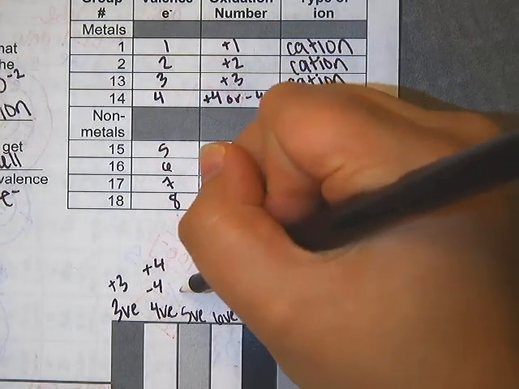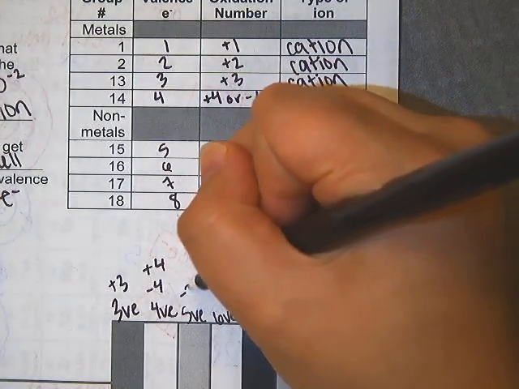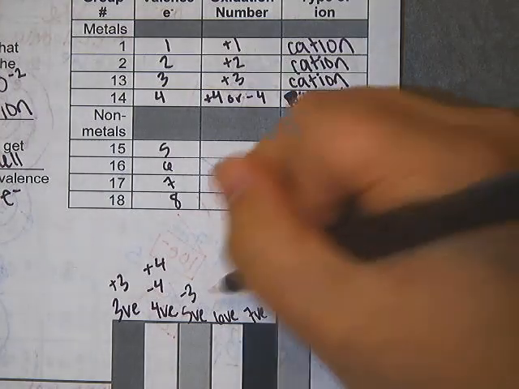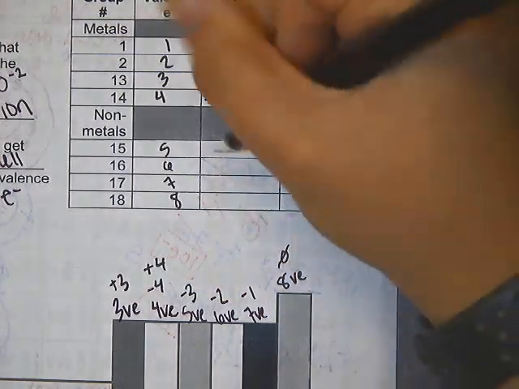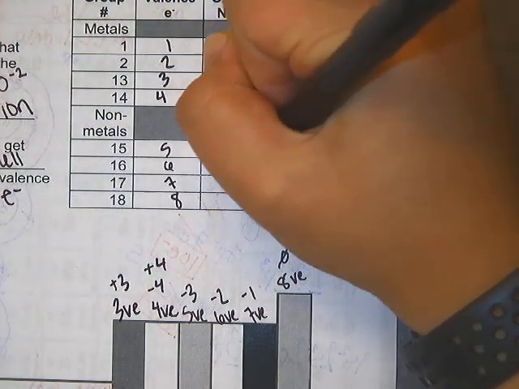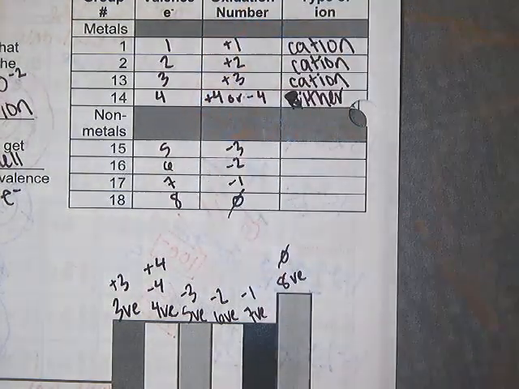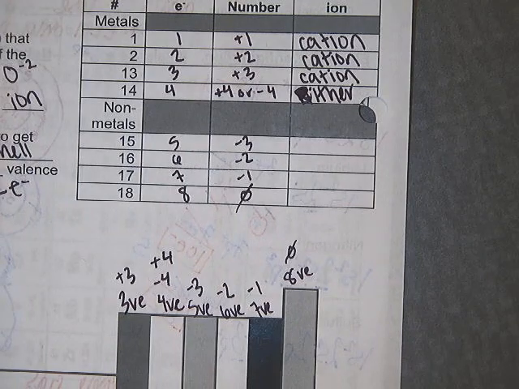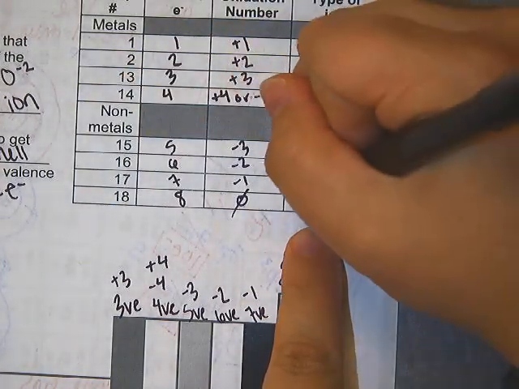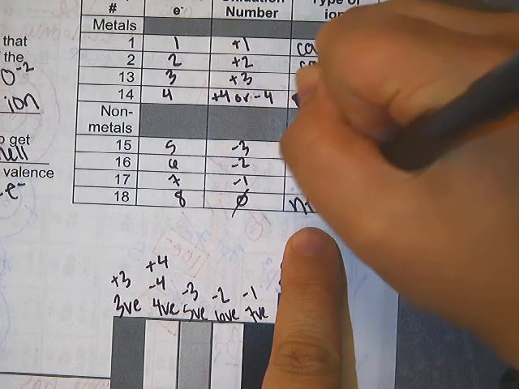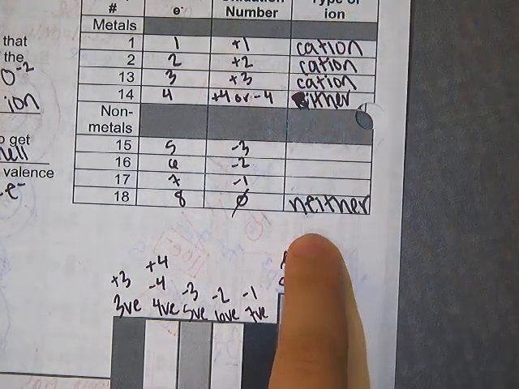So 5 valence electrons, you would gain 3 electrons, which means you'd have a -3 charge. So it goes -3, -2, -1, and then there is no charge for your group 18 noble gases. So the type of ion that this forms is what I was thinking of up here. This one would be neither.